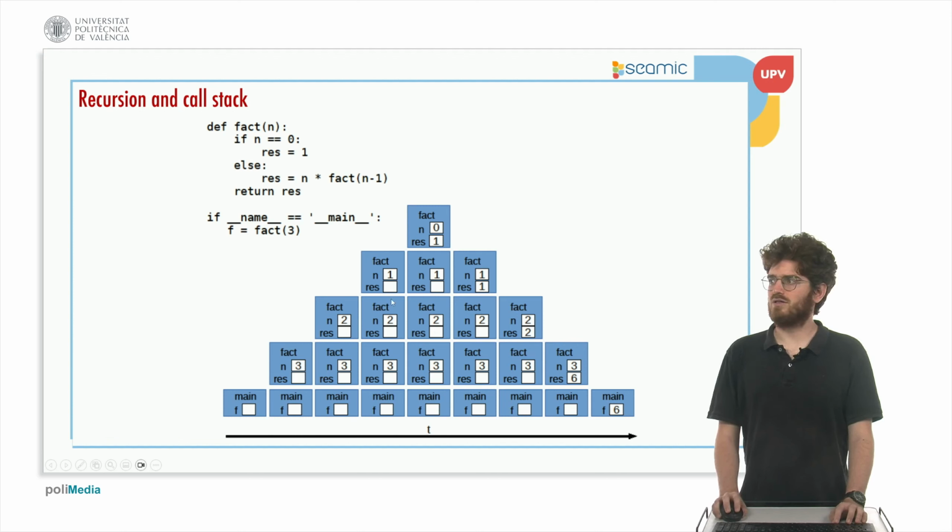We now have 3 activation registers for the same function, each with a different parameter. And now we would jump again to the same condition, 1 equals 0 is false, else to compute the multiplication, we need to compute the factorial of 1 minus 1, which is 0, and then would jump back up here to the top of the pyramid.